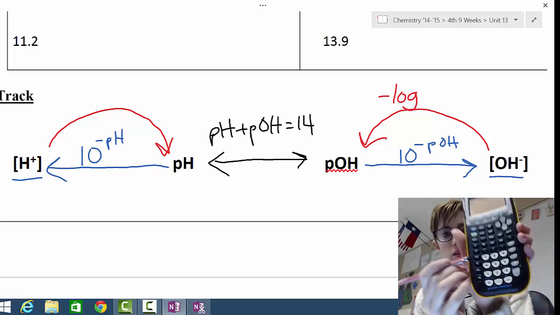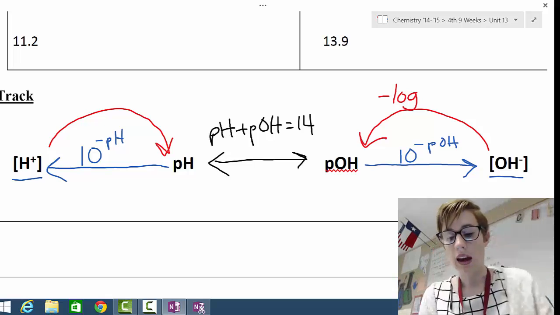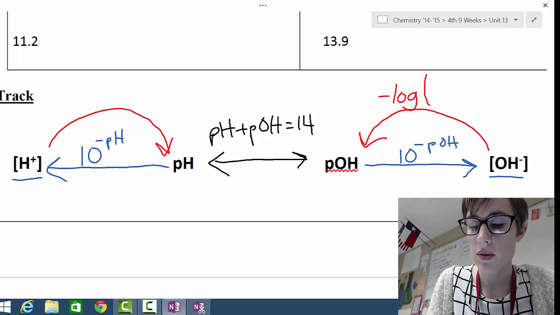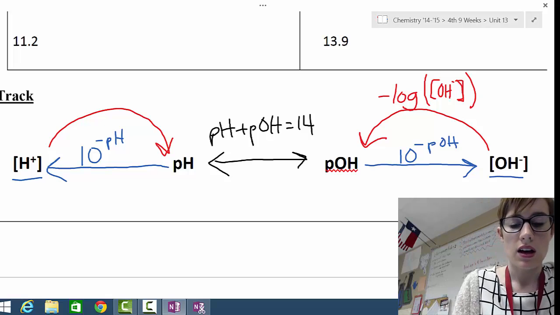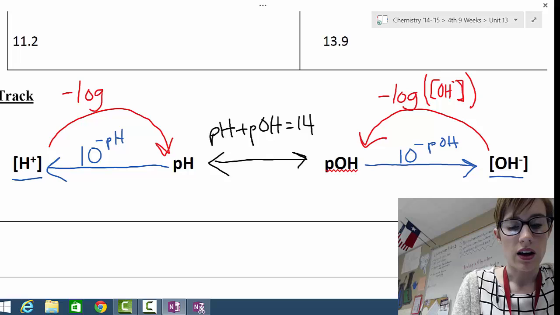And the log button is found right here. Then it'll show you a parenthesis, and in the parentheses you type whatever the OH concentration was that was given to you in the problem, and then close your parentheses. Same thing if you're trying to go to pH. You do negative log of the hydrogen concentration, close parentheses, and then you're good to go.